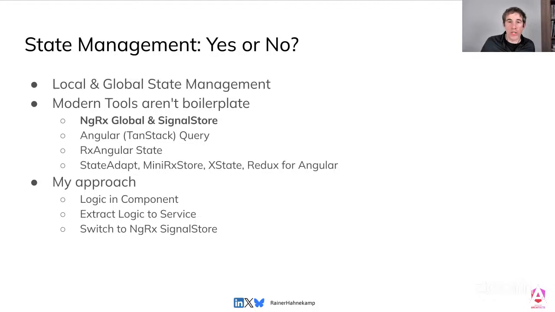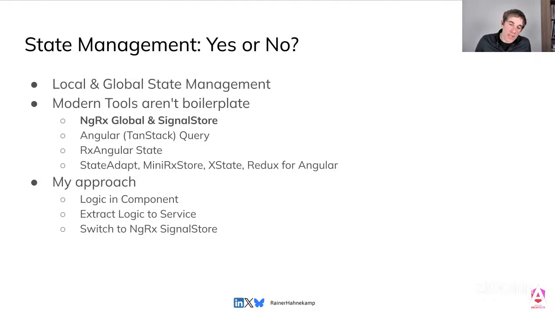There are also other state management libraries that you see here on the slides, but the general approach that I have towards state management, I first start with my component. When I see the TypeScript gets too much, I'm going to extract the code into a service. If I see in the service, it's a little bit more than just keeping a signal or keeping the state, I personally immediately go to the signal store because, as I said, it doesn't come with any boilerplate code. You can, of course, also wait a little bit.